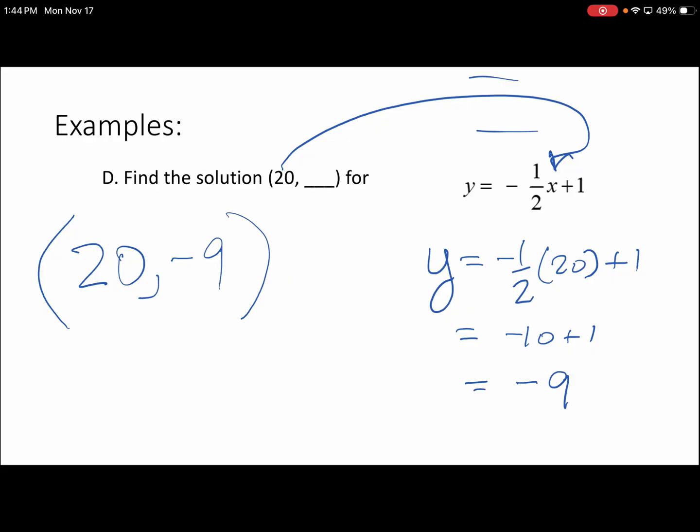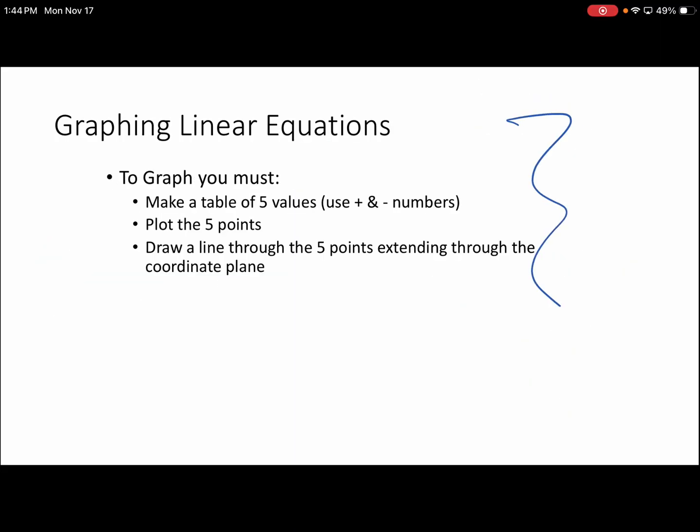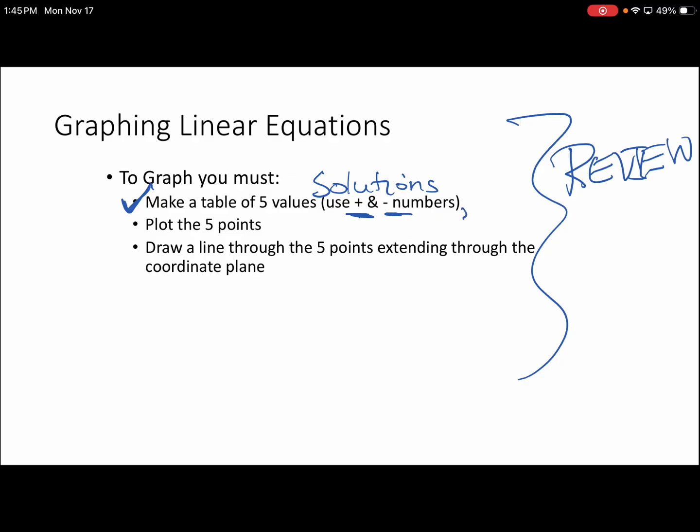Is that making sense on solutions? Okay, so when we go to graph, this is what we did on Friday. This is review from last class. I'm just putting it into some steps for anybody who forgets, was absent, can't remember. You got to make a table of 5 values. These values are solutions. And they should be 2 negatives, 2 positives, and what number did I say you always have to use?